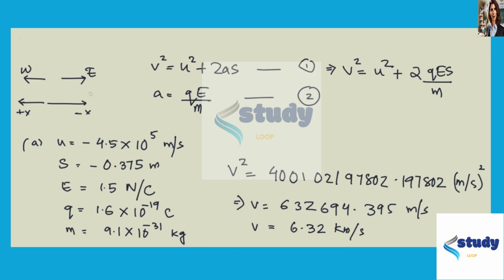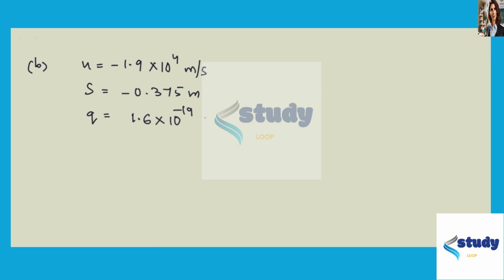Now in this part, we will follow the same equations, and over here the initial velocity is negative 1.9 times 10 to the power 4 meter per second. Make sure you consider the direction so that this will be minus or plus accordingly. s is negative 0.375 meter because this points towards east as well, and charge on the electron is 1.6 times 10 to the power minus 19 coulombs.